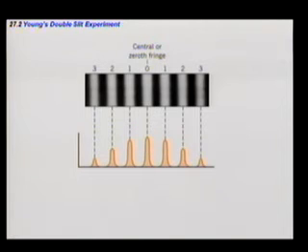This is bright fringe 1, 2, and 3, and 0 is right smack dab in the middle. And it's because of Young's double slit experiment that we have CD and DVD players.